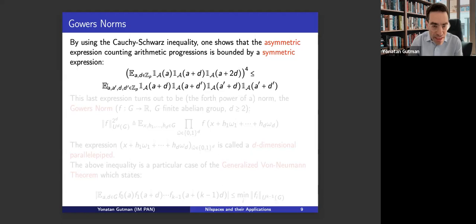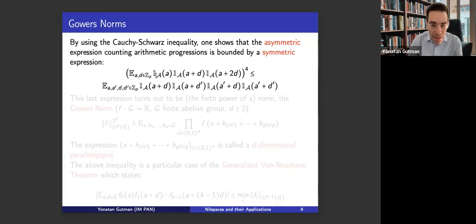I should have said that when I use the notation E, for expectation, and everything is in a finite cyclic group, I just mean the normalized counting. So in this case, for example, I have 4 variables, so I will normalize with 1 over P to the 4th, and then I will just take the sum.